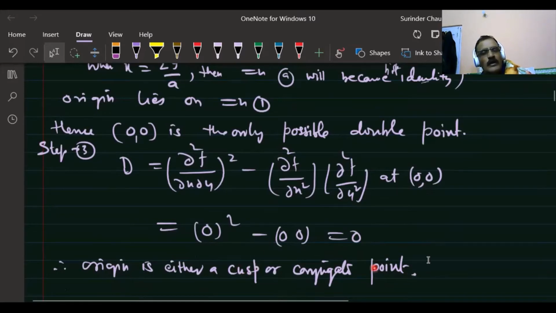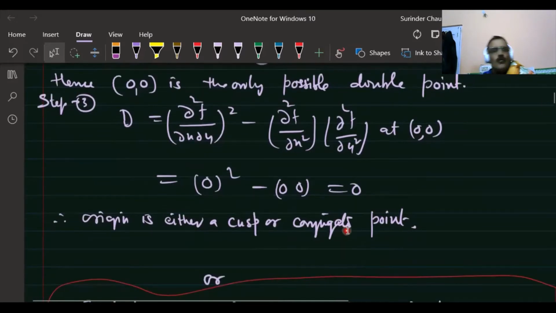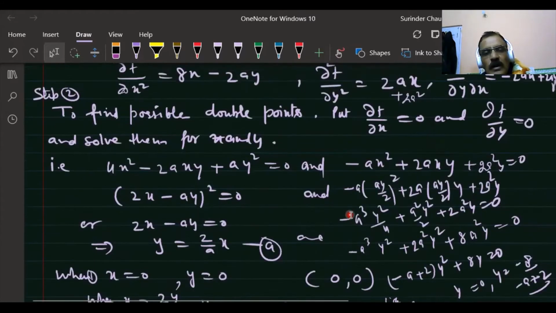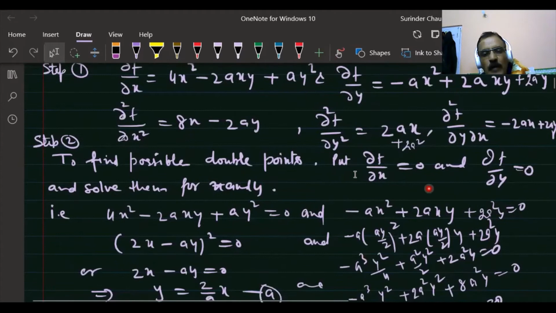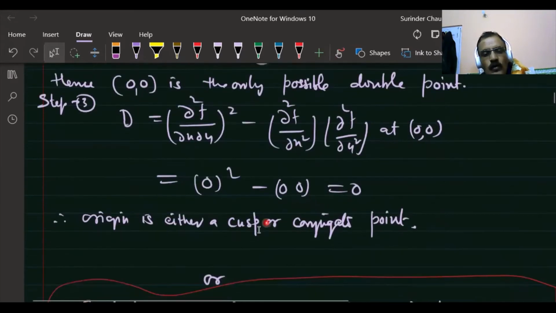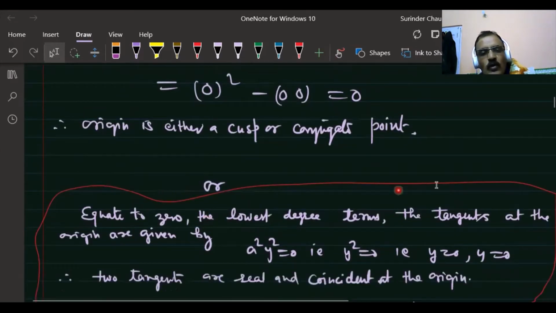Now to decide whether it is a cusp or a conjugate point: because this rational curve passes through the origin, this method becomes lengthy. So you can start from here. Because the rational curve passes through the origin, equating the lowest degree terms to 0, the tangents at the origin are given by a square y square equal to 0, that is y equal to 0, y equal to 0.